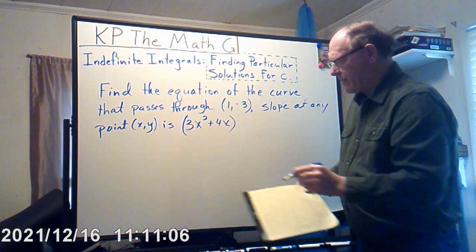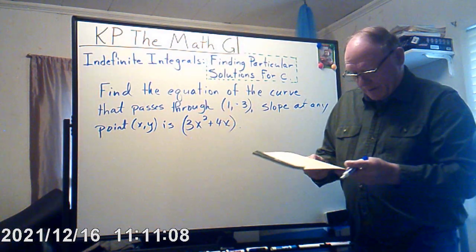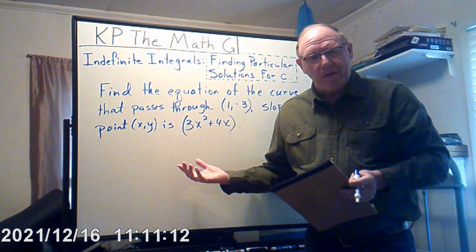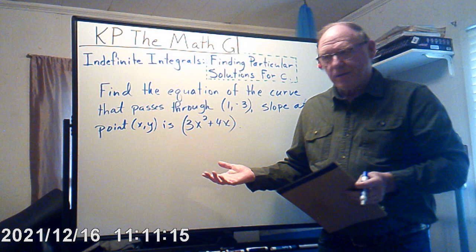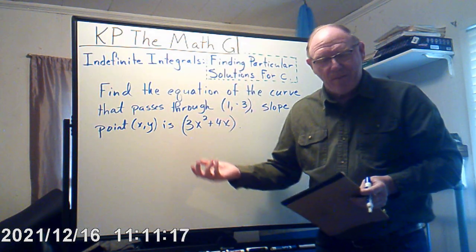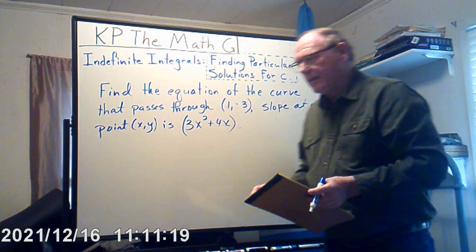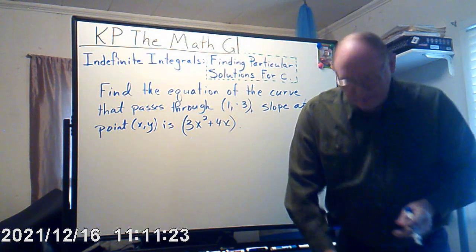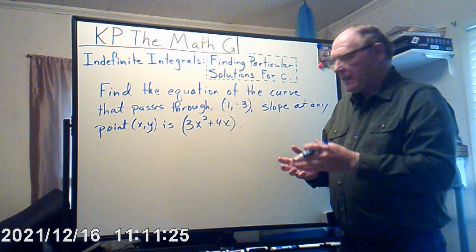Now that represents the slope. And this slope, by the way, is a ratio, rise over run. You've been familiar with that, haven't you? It is a rate of change, isn't it?